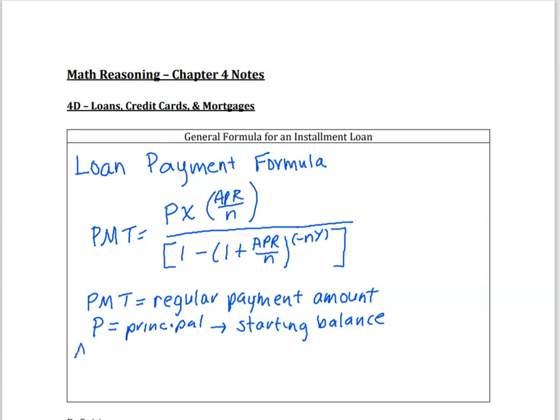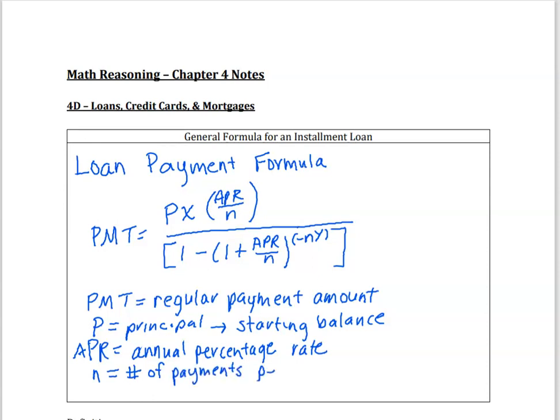We've talked about this term before. APR is your annual percentage rate. N, talked about this before, is the number of payments per year. And Y is going to be the loan term in years.